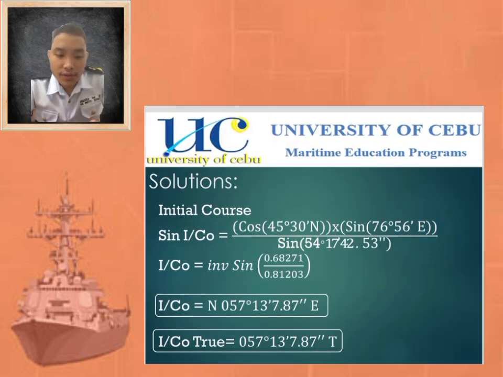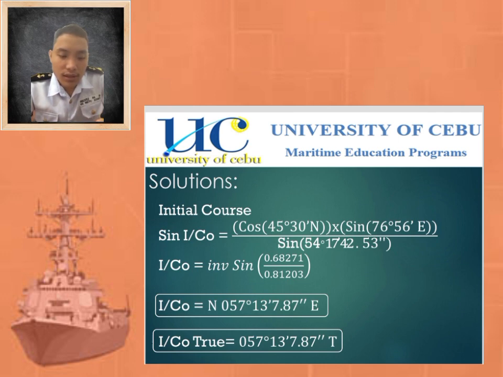For the solution of the initial course, there is a formula: sin initial course equals cosine 45 degrees 30 minutes north multiplied by sin 76 degrees 56 minutes east, divided by sin 54 degrees 17 minutes 42.53 seconds.